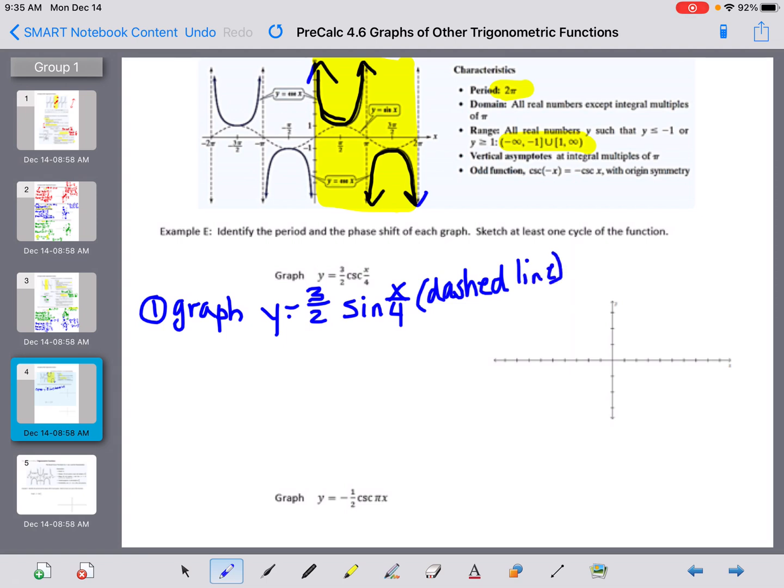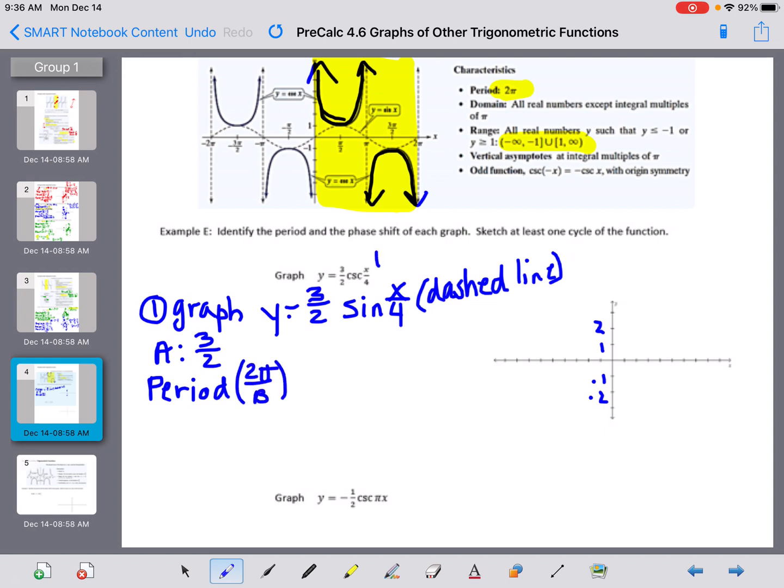Okay, so off of this graph, using what we know, my amplitude is 3 over 2. If this is 1 and this is 2, I'm going to be halfway between those at 3 over 2. My period, remember I'm back to using the sine, so it's 2 pi over b.